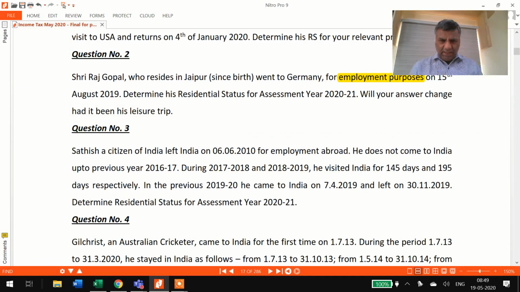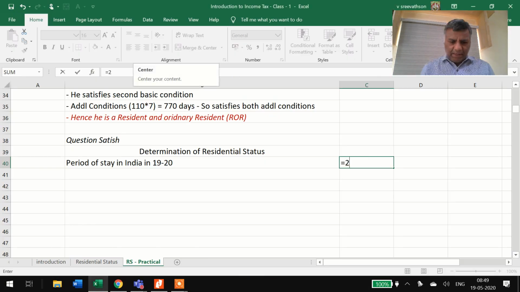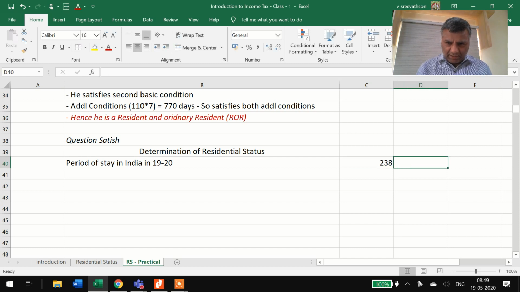It will be 7th April, April 24, May 31, June 30, July 31, August 31, September 30, October 31, and November 30.